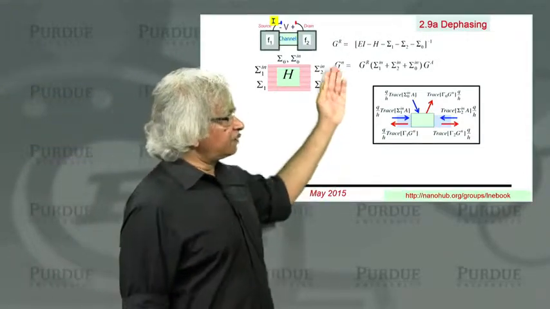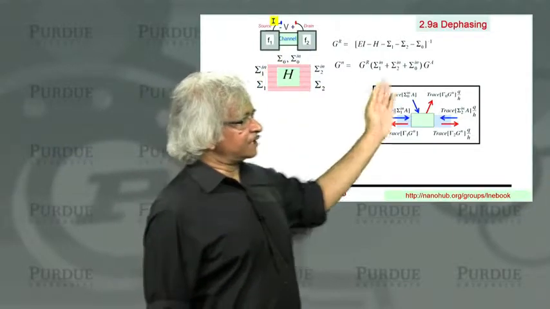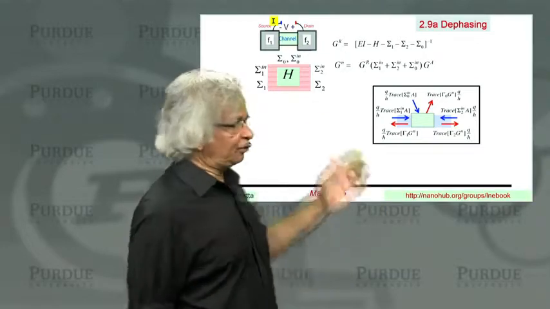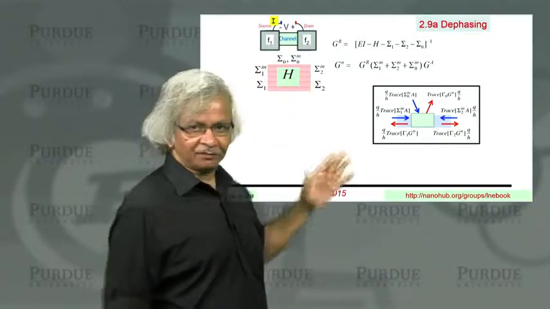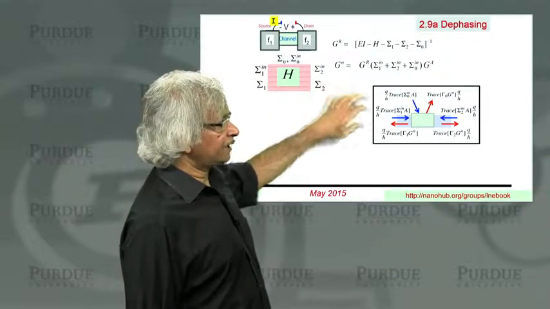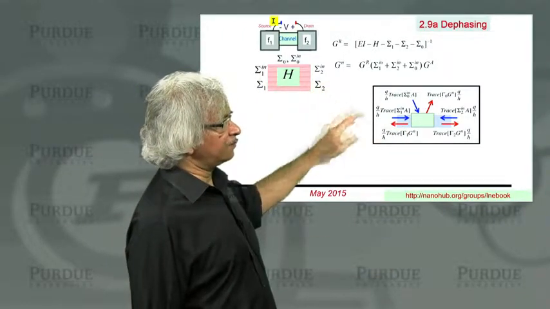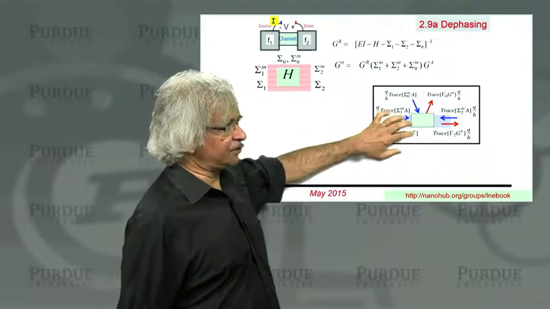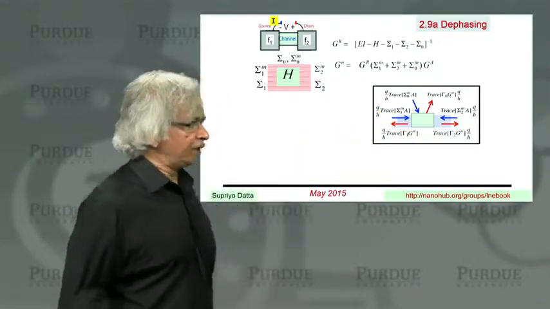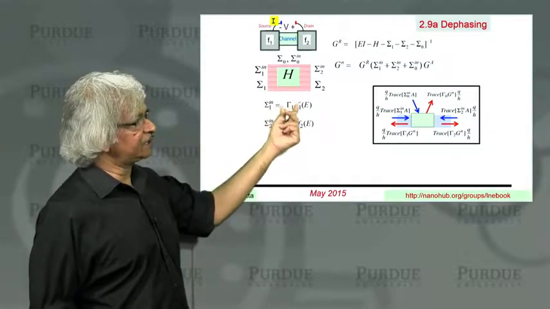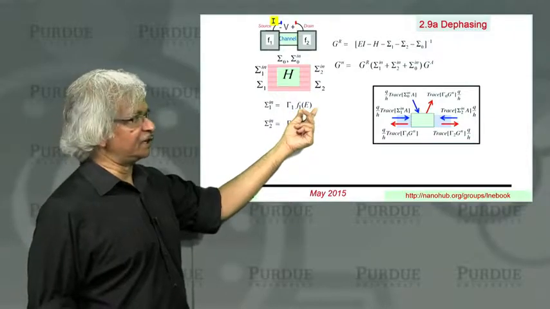Now, irrespective of the origin of the sigmas, we had set up this picture that tells you the inflow and the outflow that's associated with various sigmas, because basically each sigma represents either outflow or inflow. The difference though is that when it's a physical contact, then the inflow can be related to the outflow through this Fermi function.